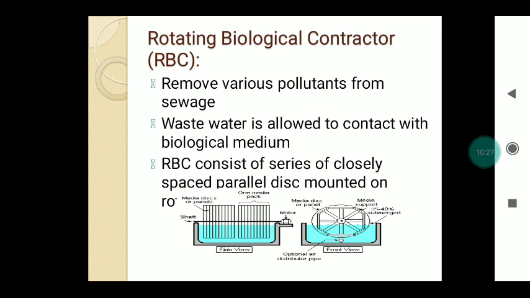The RBC consists of a series of closely spaced parallel discs mounted on a rotating drum. The sewage is thoroughly passed over this drum, and it is oxidized or decomposed by microorganisms like bacteria, protozoa, algae, etc.